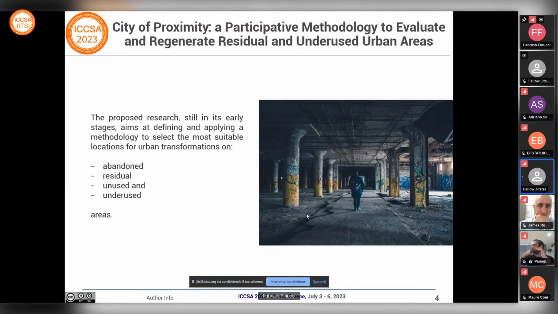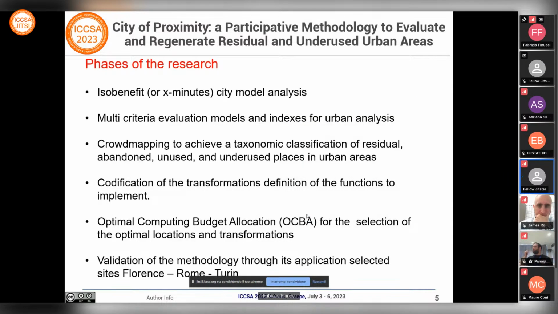In the next slide, we have identified different phases of the research. At the beginning, we made the state-of-the-art research on X-minute city models, and we selected the iso-benefit city model, to be seen in the next slides. Secondly, we made a review of multi-criteria evaluation models applied to urban contexts, and we identified criteria to evaluate transformation sustainability.